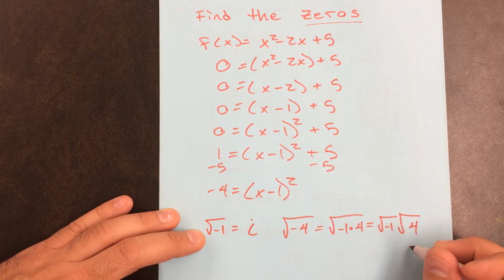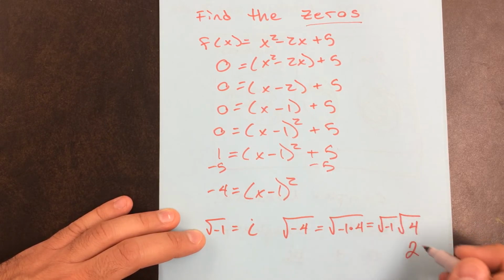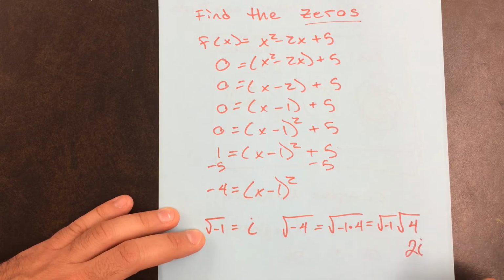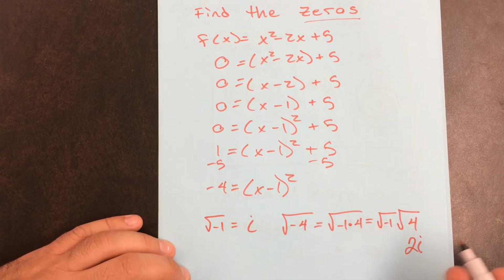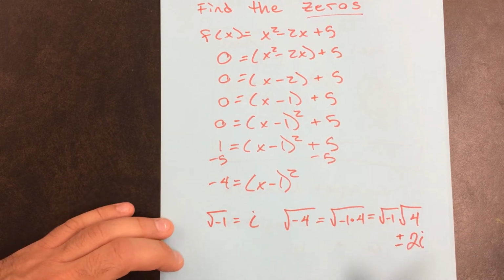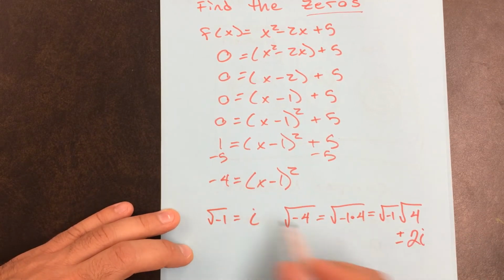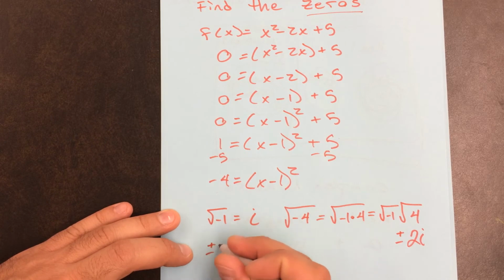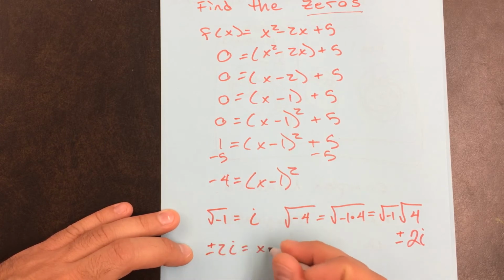The square root of 4 is easy. It's 2. The square root of -1 is also easy. It's i. So this is both a positive and a negative 2i. Whenever you do a square root, it's got to be positive and negative. So it's going to be positive and negative 2i equals x minus 1.